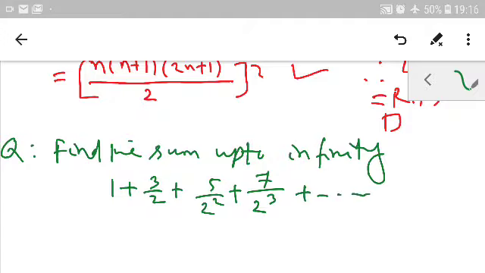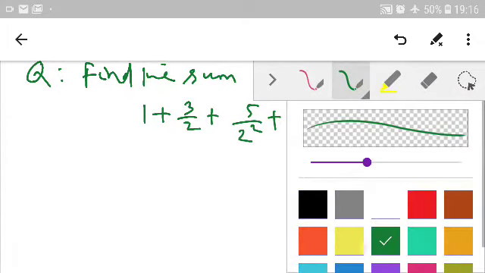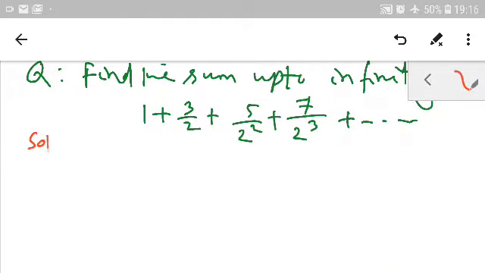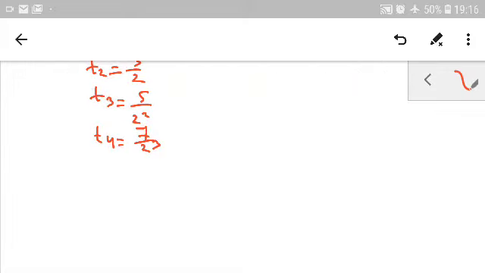Here my first job is to find Tn, right? So look at this. This is T1 equals 1, T2 is equal to 3 by 2, T3 is equal to 5 divided by 2 square. So if I go T4 it is equal to 7 by 2 cube, and if I go like this, clearly Tn will be nothing but 2n minus 1.